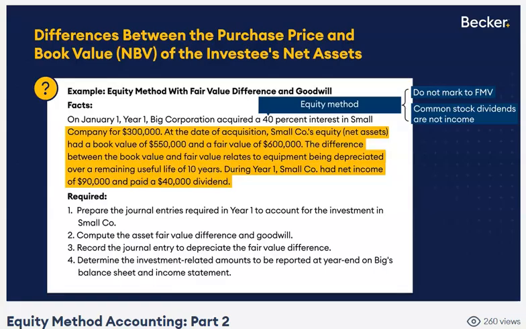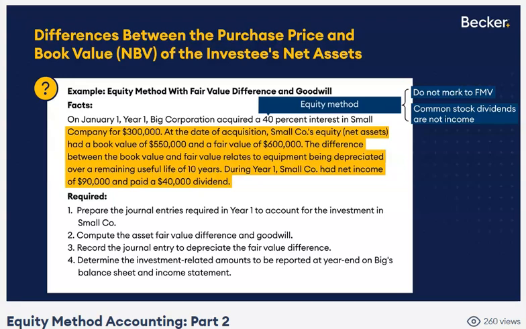Okay, they tell me the book value of the company was $550,000, yet the fair market value of the company was $600,000. So fair market value of the identifiable equity, $600,000, yet the book value of the equity is only $550,000. So we've identified excess of $50,000.